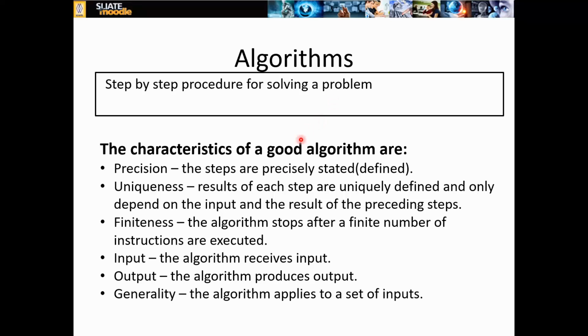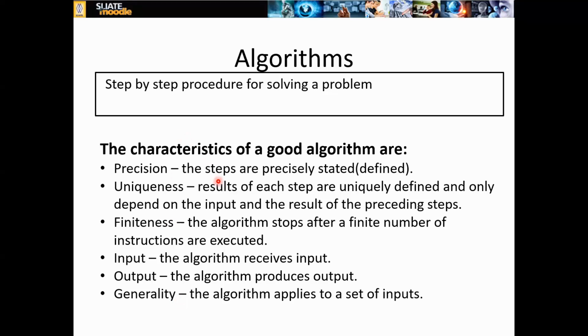And if you have written a good algorithm, that means the way, the steps, or the procedure you have written to solve your problem is good, then that algorithm should have these kinds of characteristics: precision, uniqueness, finiteness, input, output, generality, right?